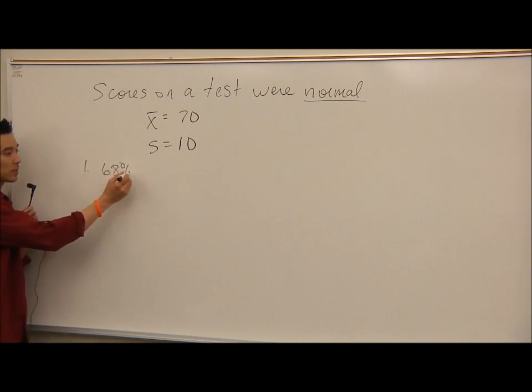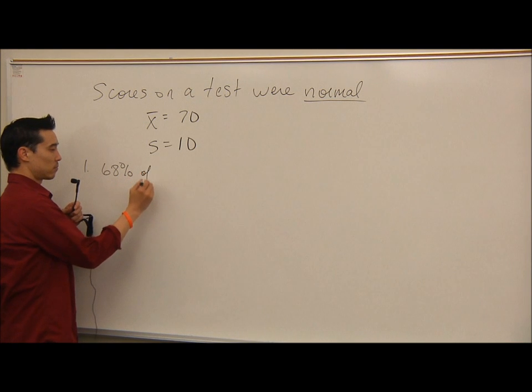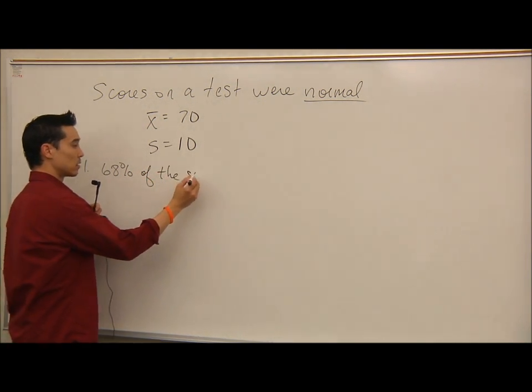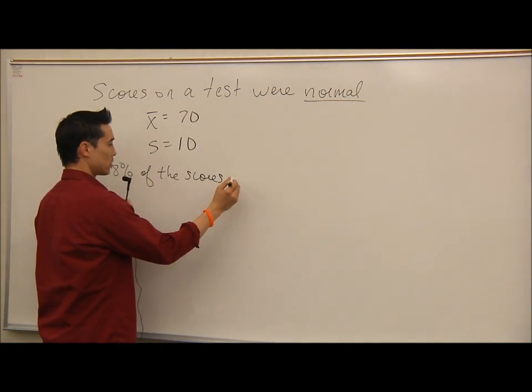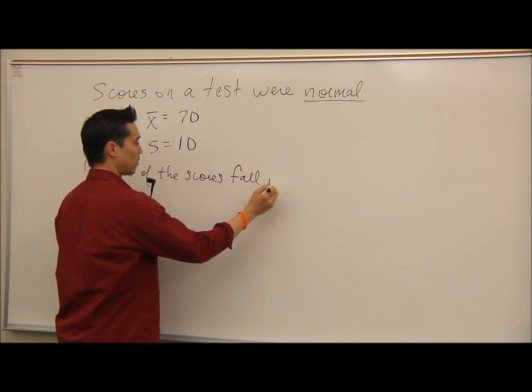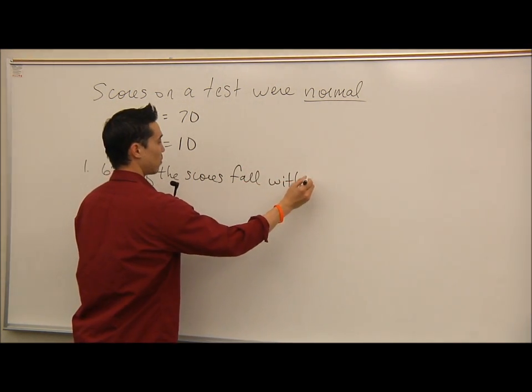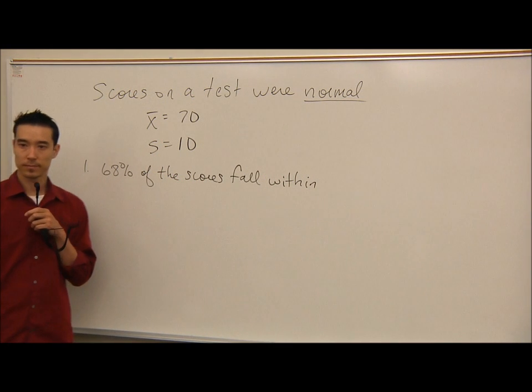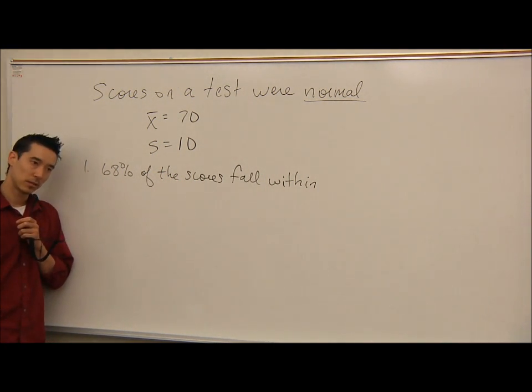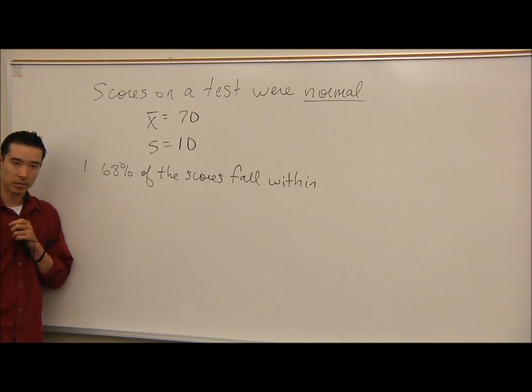Approximately 68% of the scores fall within what two test scores? Okay, so you tell me. The mean is 70, and we're saying 68%, so how many standard deviations are we doing for the normal rule? 1.